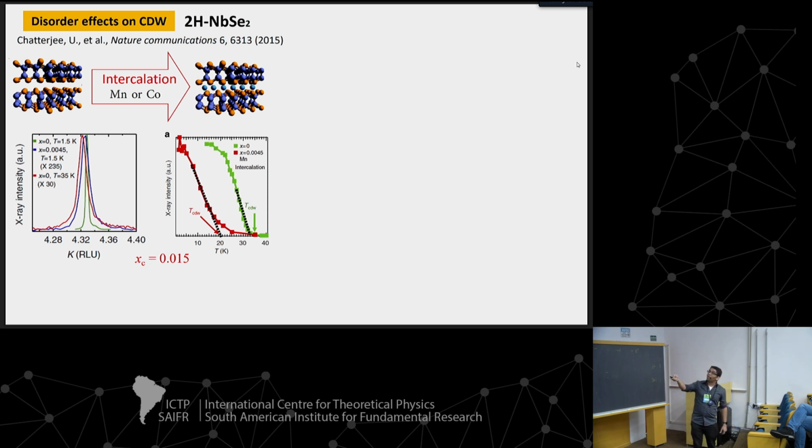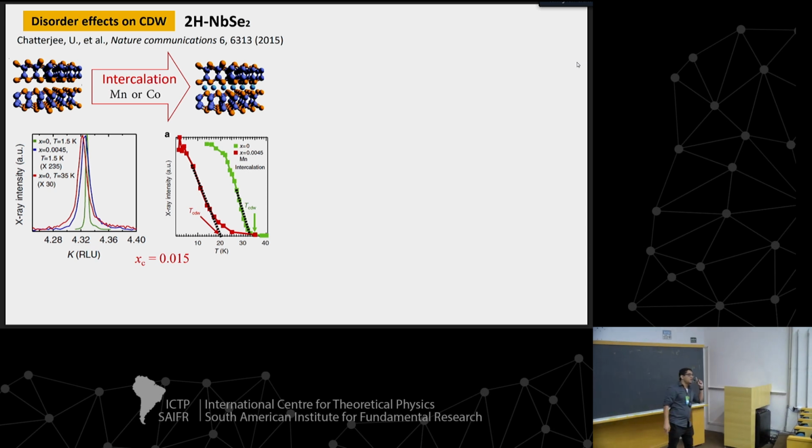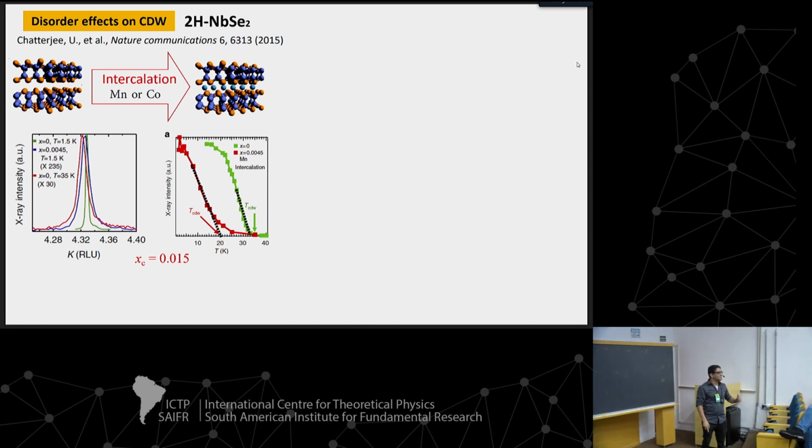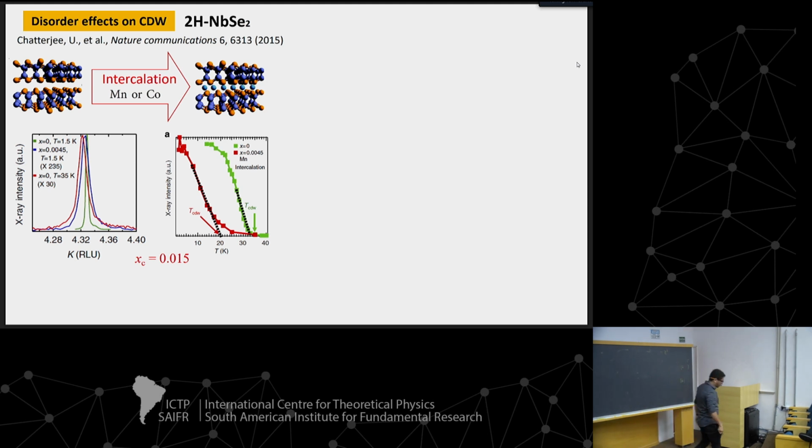This broadening means that your correlation length is becoming less, is diminishing, and you also have a reduction of your critical temperature for charge density wave.